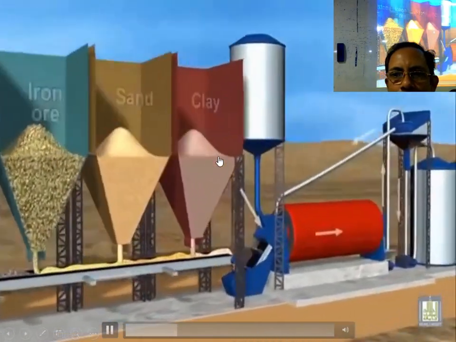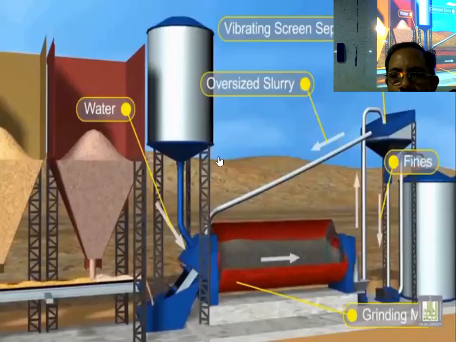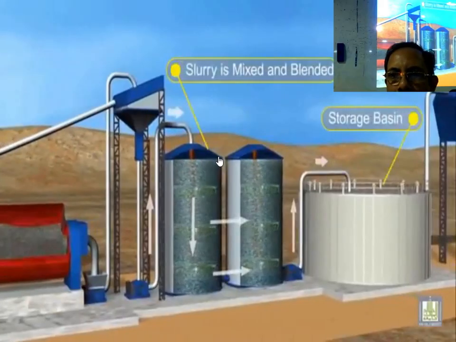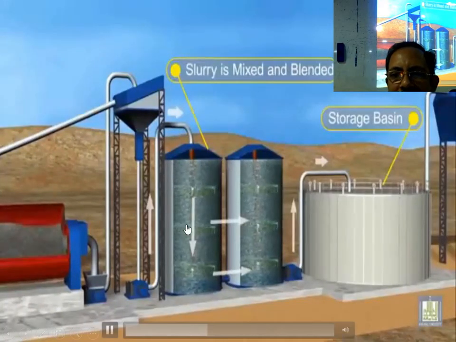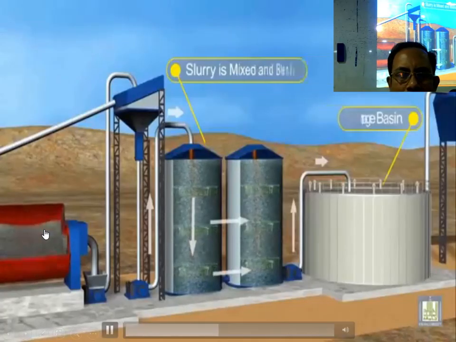About 80% limestone and 20% clay are ground with water, producing a very fine, thin paste called slurry. The chemical composition of the slurry is very carefully controlled by adjusting the limestone and clay being used. Mixing and blending is happening here. The slurry is stored in large vessels ready for use.